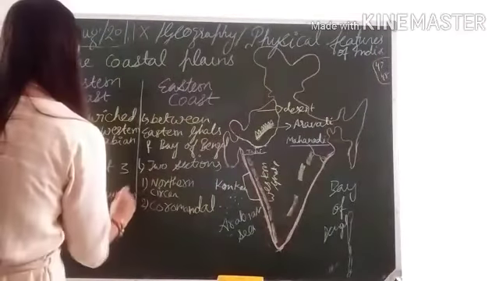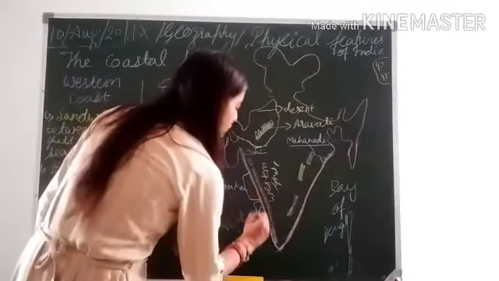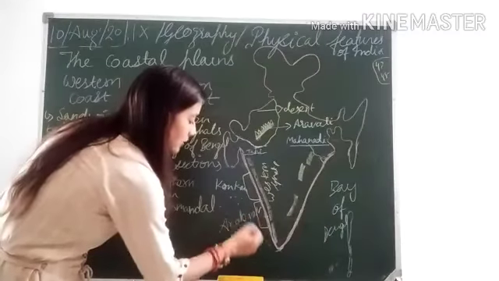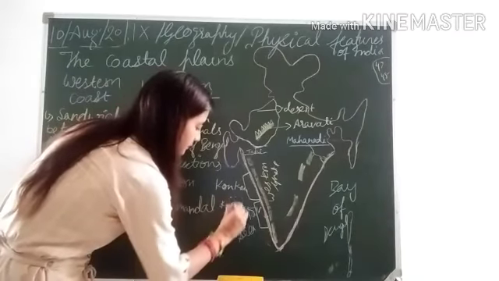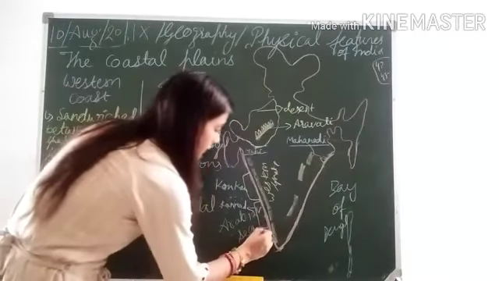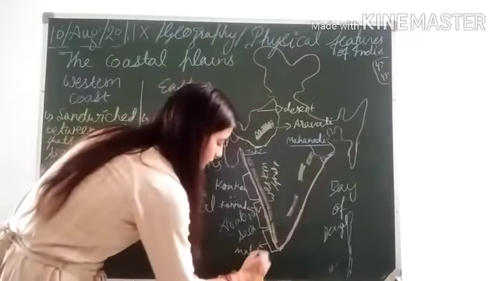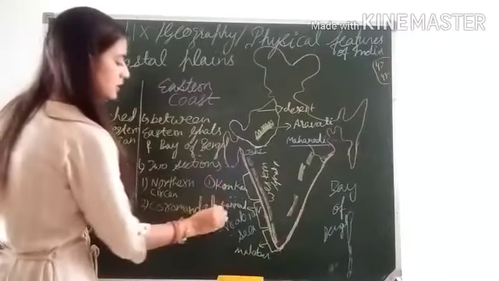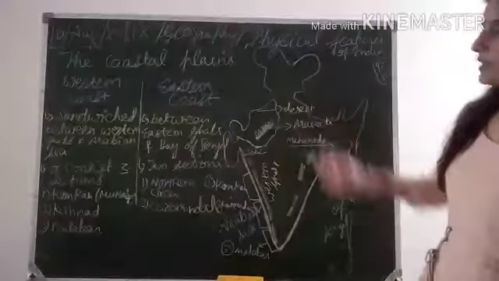After that, south of Goa, the central stretch is known as Kannada, and the southernmost is known as Malabar. So these are the three sections of the western coast.